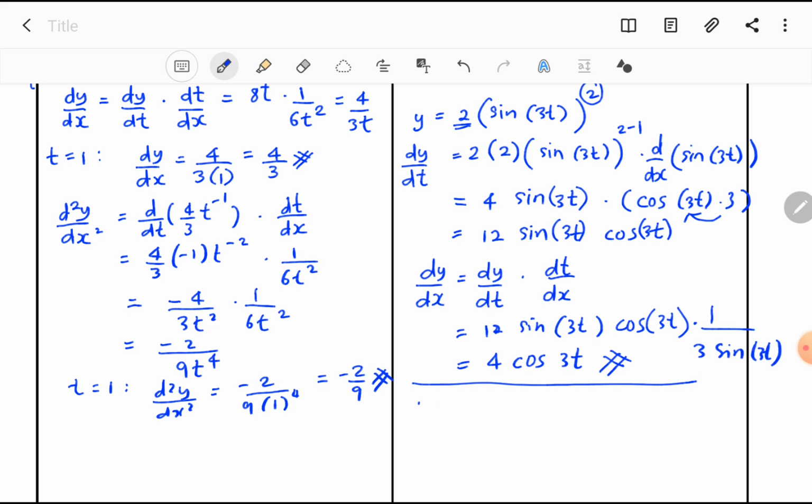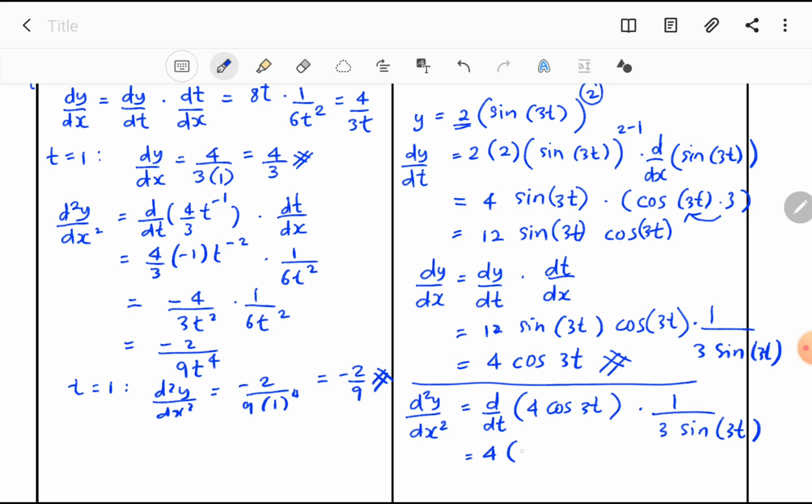Next, for second order, the formula is differentiate the first order one more time, meaning differentiate negative 4 cos 3t and then multiply by dt/dx, multiply by 1 over negative 3 sine 3t. So differentiate negative 4 cos x is negative 4.